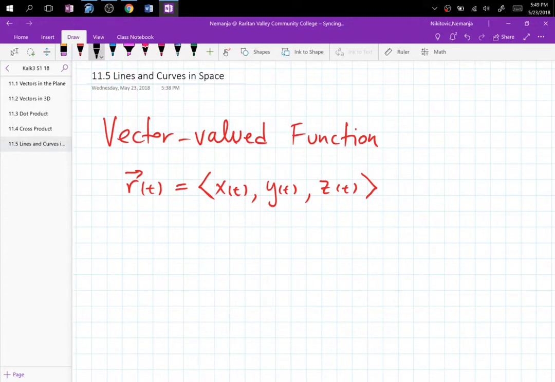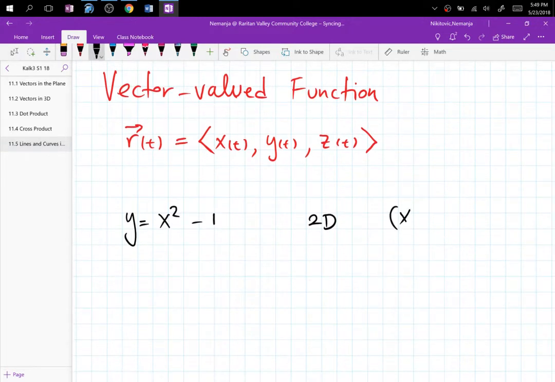So, if I have, let's say, y equals x squared minus 1, this is clearly a 2D equation. It has a coordinate, an x, y ordered pair. Now, what I can do is introduce the parameter t and cast this, say, x equals t, in which case y equals t squared minus 1. This is known as a parametric pair.